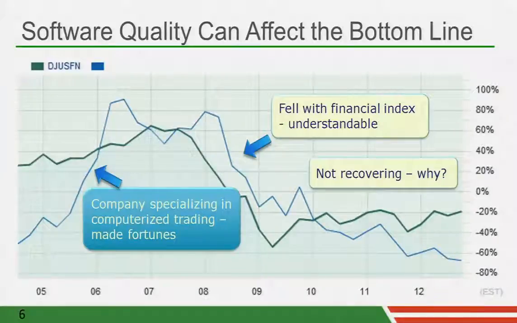Now, from my own experience, the importance of software quality, the quality of code we write, can affect the bottom line of a company. This is one financial firm where I happened to be put in a lead position.